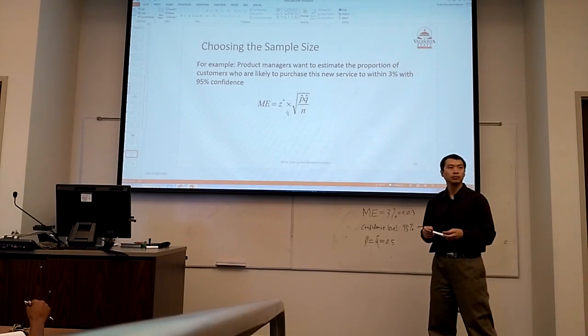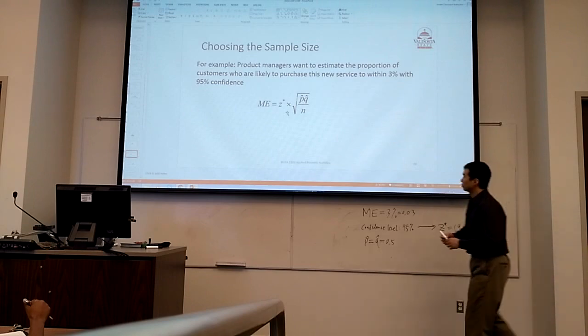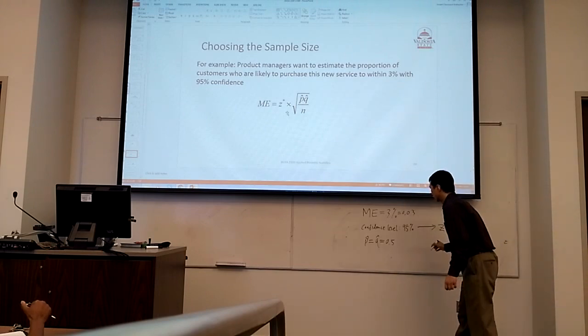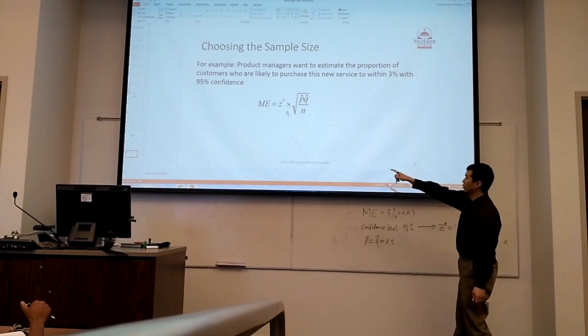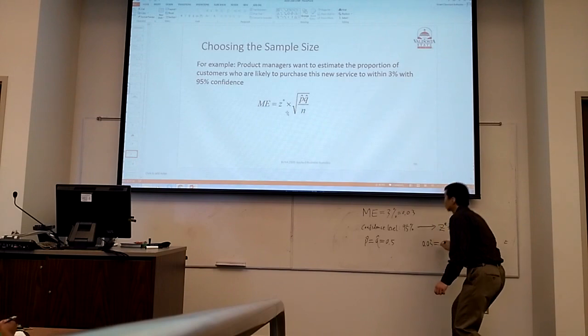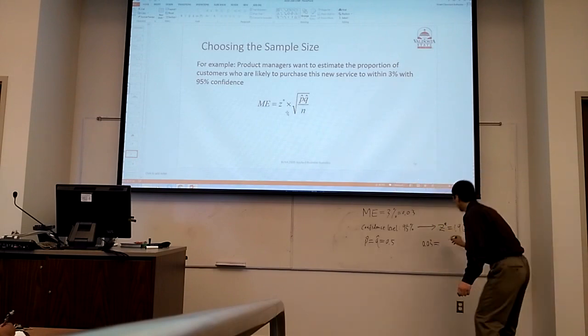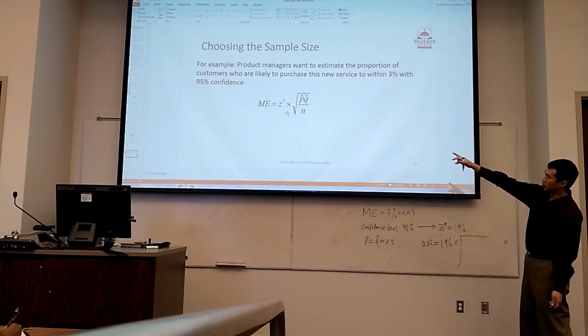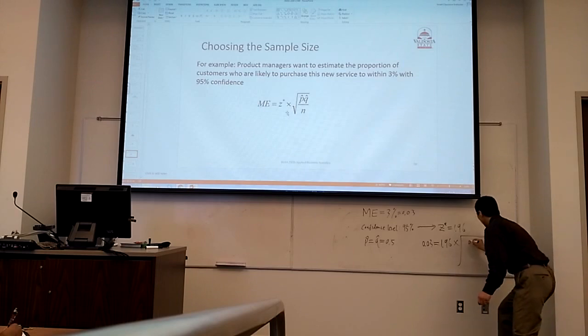Can you work it out? Okay, let me work it out. Let me do the calculation and plug numbers in there. So the margin of error, 0.03, is equal to the critical value 1.96 times the square root of p hat times q hat, 0.5 times 0.5, divided by n.